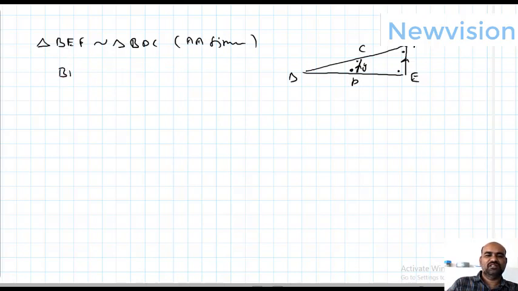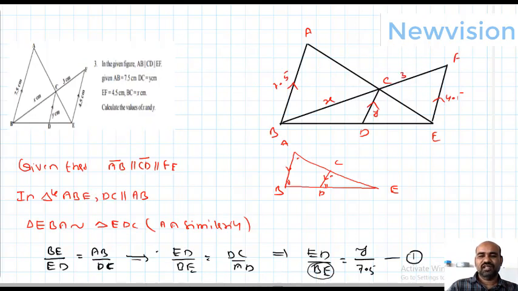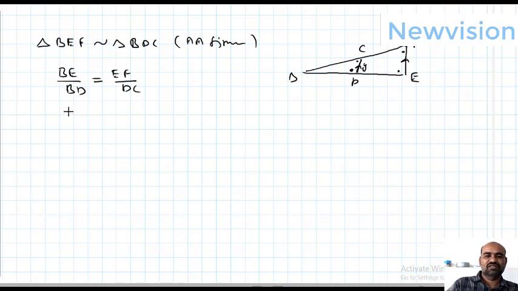So BE by BD equals EF by DC, which is also equal to BF, but I don't want BF. So I want to invert here also, because BE in the denominator, BE means total length, no? So I want BE in the denominator. So BD by BE equals DC by EF.